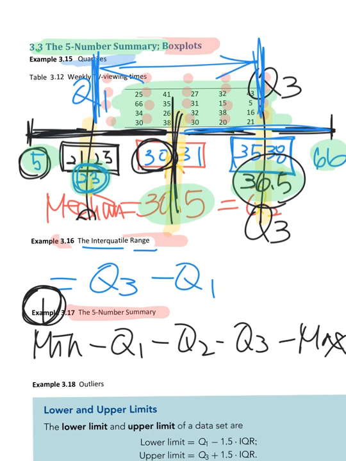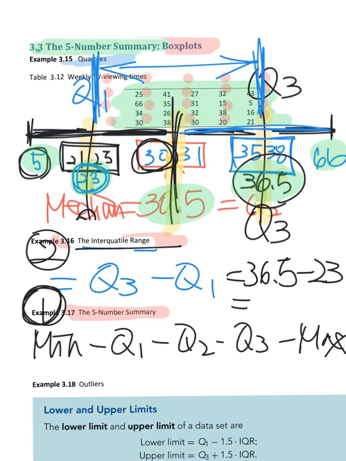Step number 2, take the interquartile range. Now it will be 36.5 minus 23. Let me see, it will be 13.5.